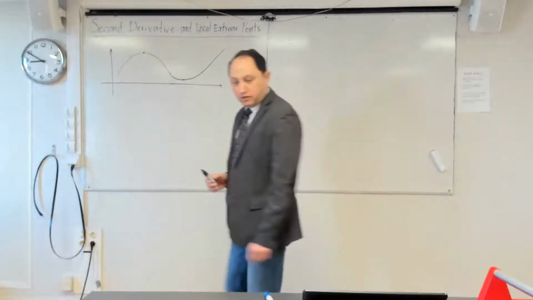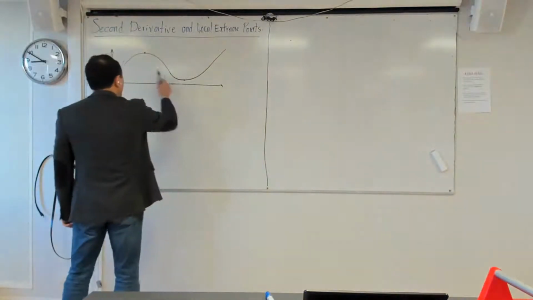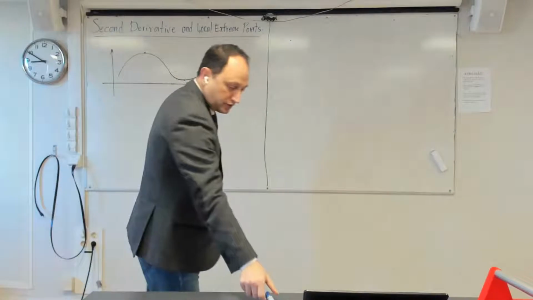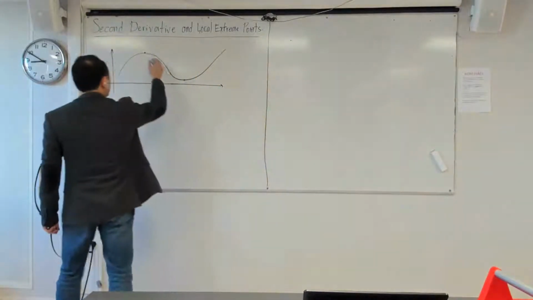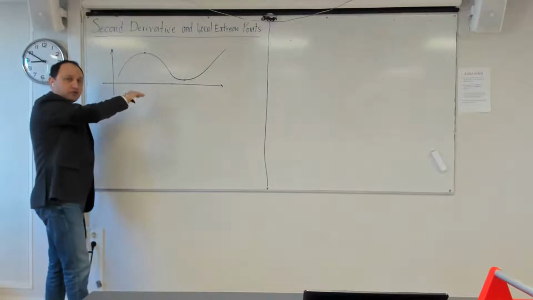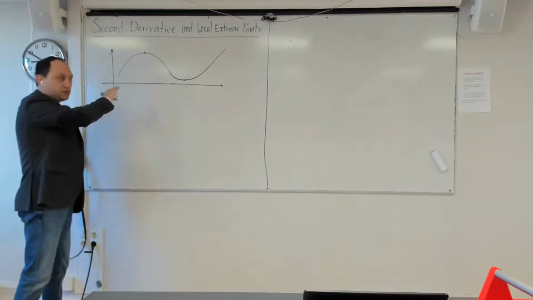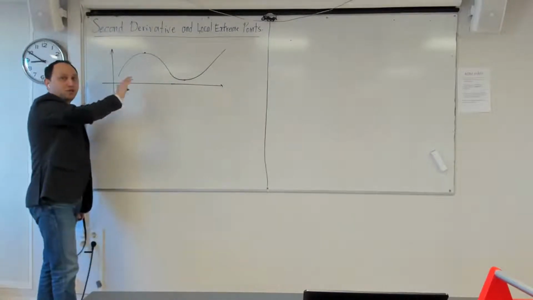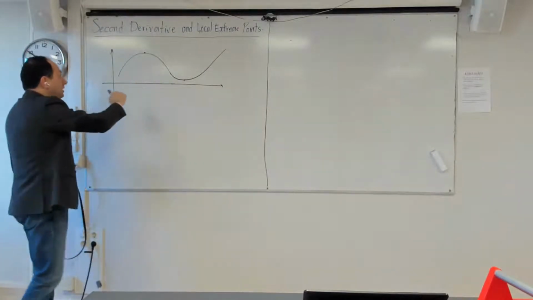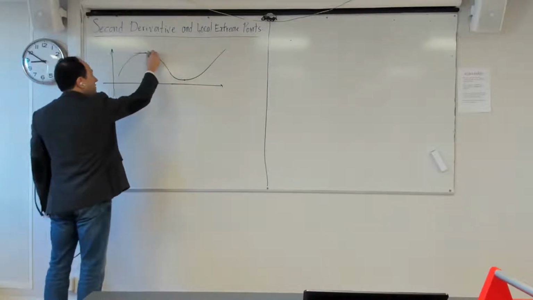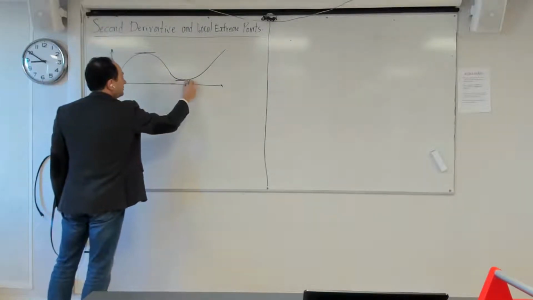Okay, so now, how can I detect that? First of all, I know that the first derivative has to be equal to 0 if this is a well-behaved function, continuous function, differentiable. Continuous means that I can draw it with one pen stroke. Differentiable means that without any sharp points. Okay, the candidates are still the same, because the tangent line should be horizontal.